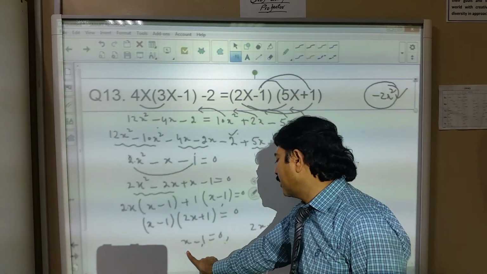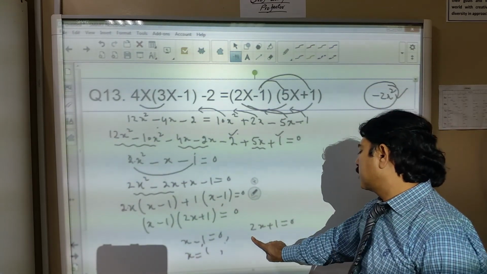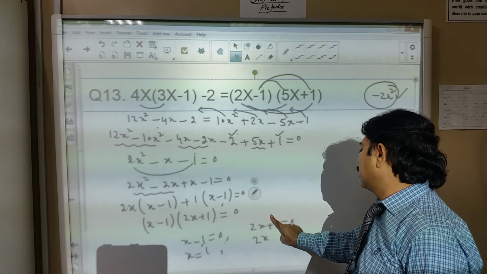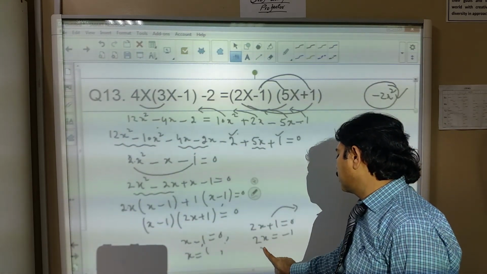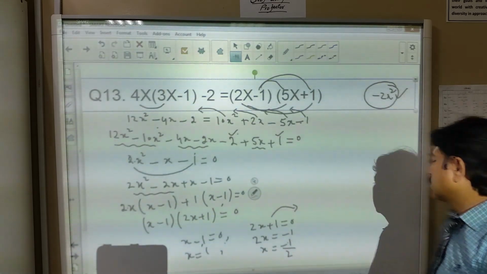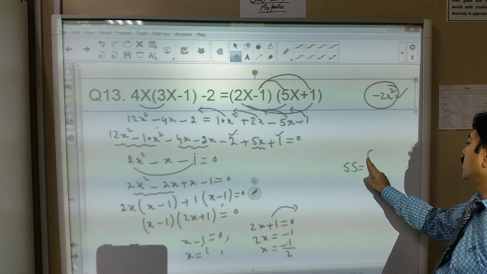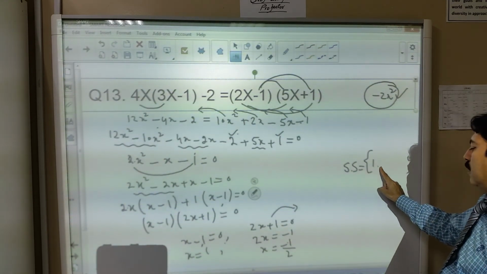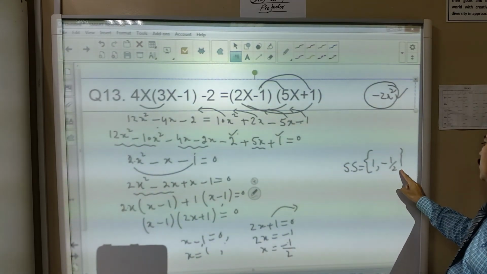So this means that x is equal to 1, and 2x, take it to the right side, is equal to minus 1, and x is equal to minus 1 by 2. Okay, so your solution set is 1 and minus 1 by 2. Okay.